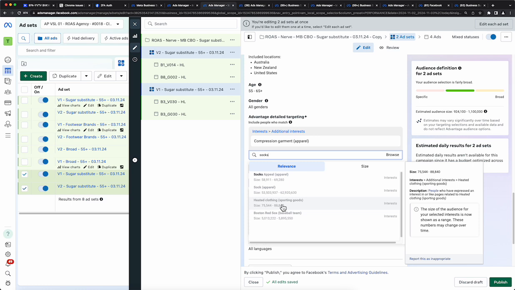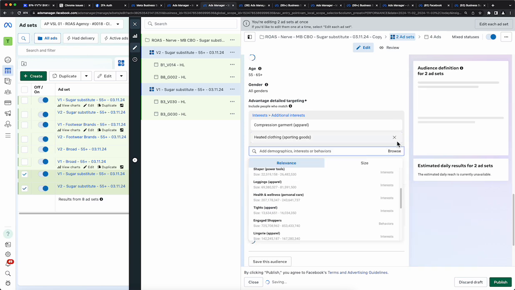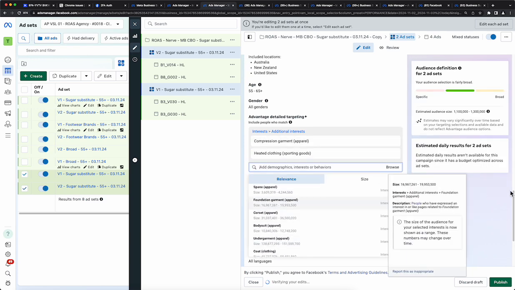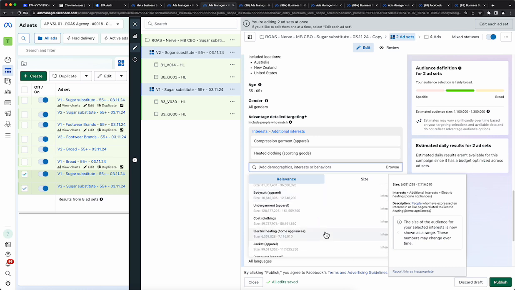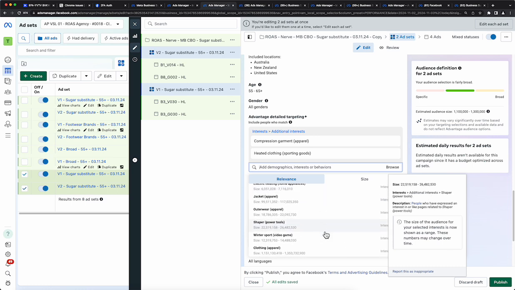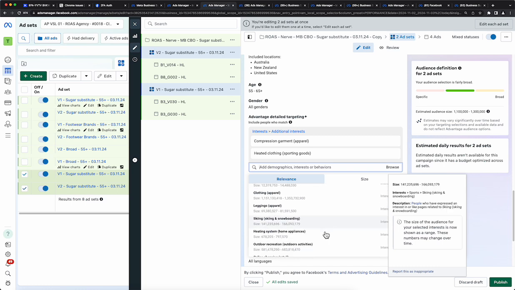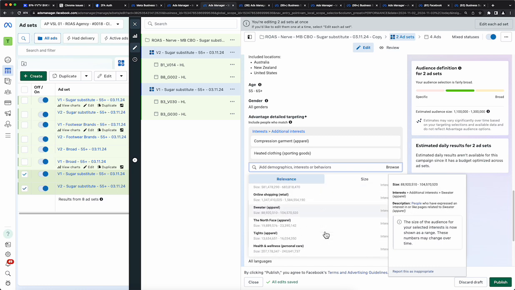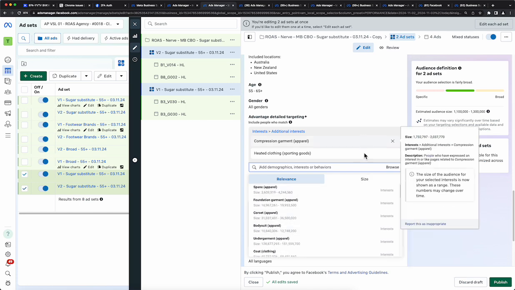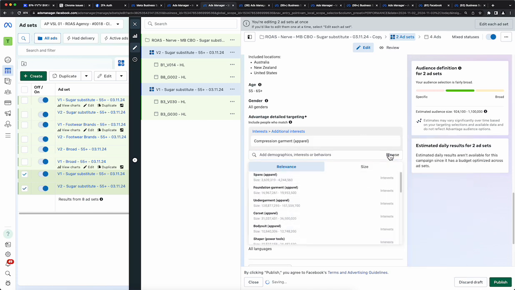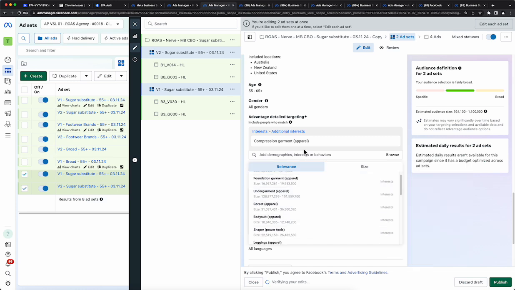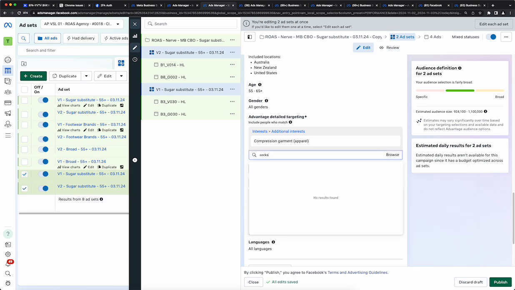Heated clothing. That's an interesting one. Heated clothing. Hmm. What we're going to look at, let's have a look at socks.